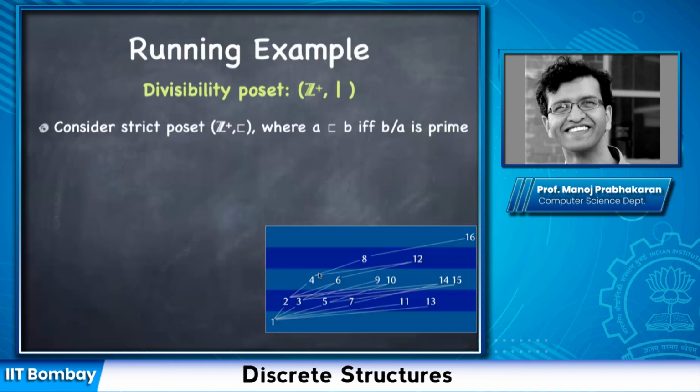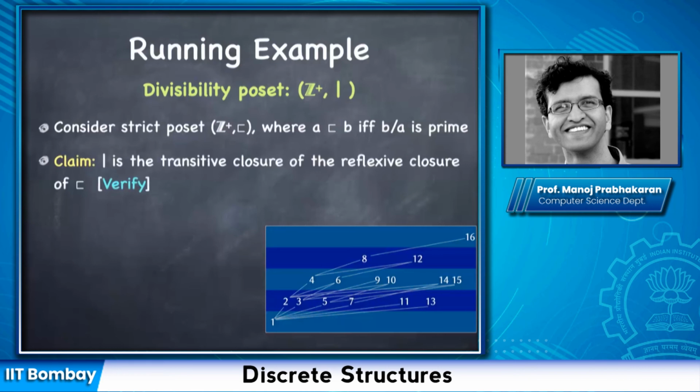And 3 to 6 there is an edge, 3 to 9 there is an edge, but 1 to 9 there is no edge because 9 divided by 1 is not a prime number. Similarly, 1 to 6 there is no edge. Instead I have edges 1 to 3 and 3 to 6.